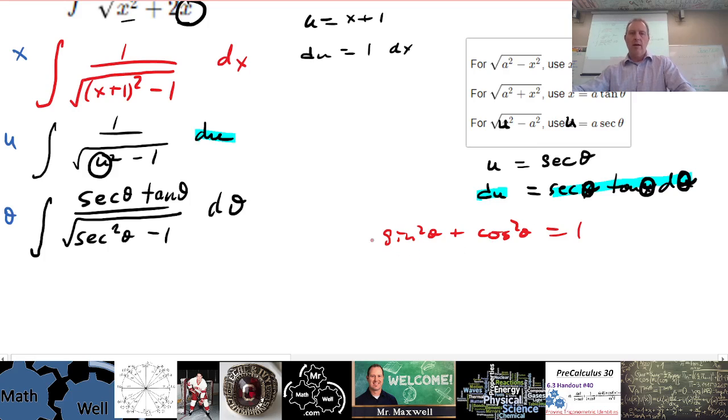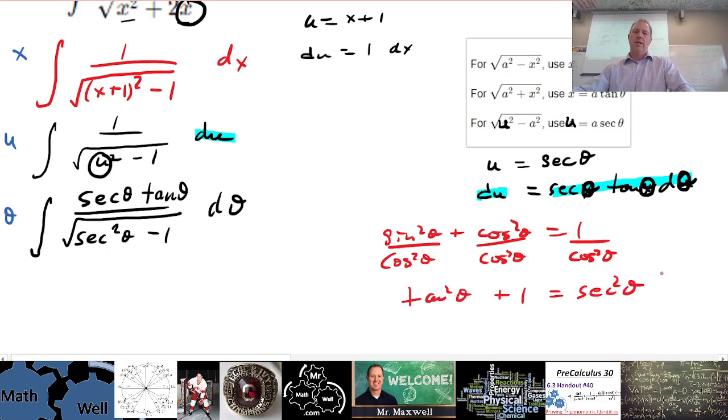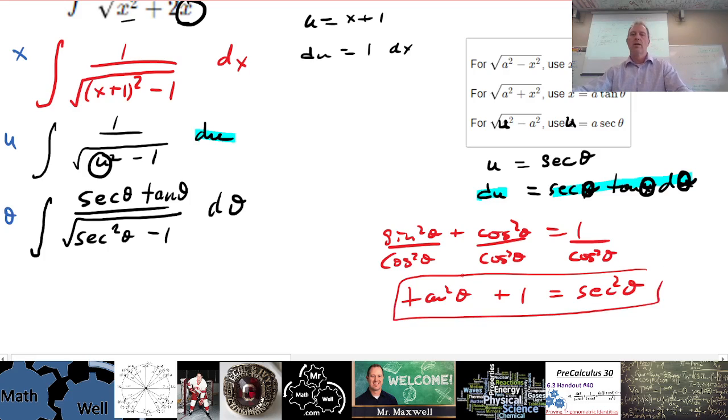Maybe if I divide by cos squared theta, everything, don't I get 1 over cos squared? Isn't that secant squared? So this is tan squared theta plus 1 equals secant squared theta. Now, if you didn't remember this, you might want to review these because it might be handy to have in your memory. But now I can change secant squared to tan squared plus 1. And that's actually going to be quite handy.